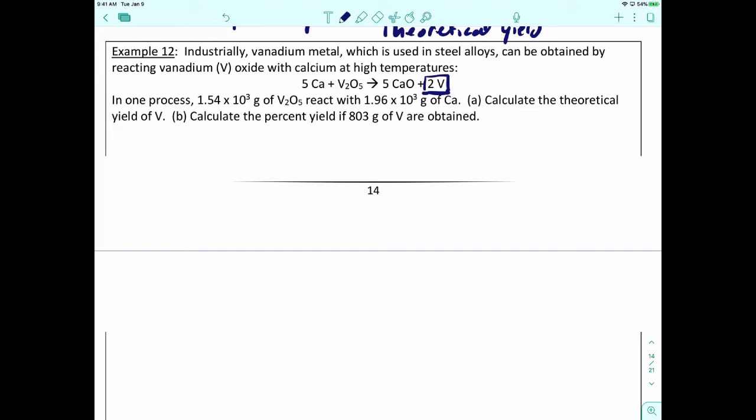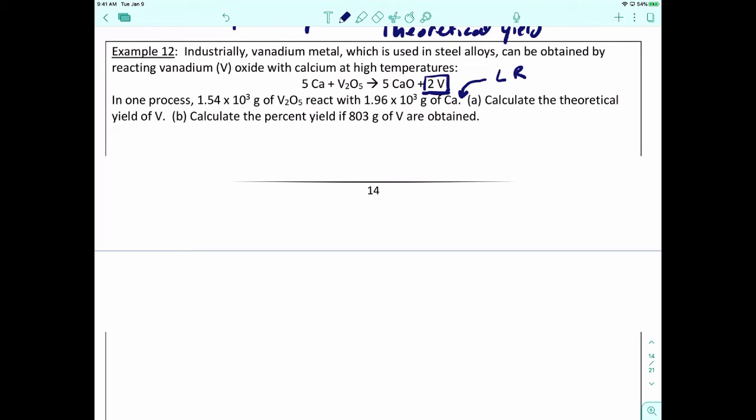Just like the last problem, there's one question that's actually being asked before we even get to part A, and that is to determine the limiting reagent. So we've got 3 questions to ask ourselves in this problem. First off, what's the limiting reagent of this reaction? Then calculate the theoretical yield of vanadium, and then calculate the percent yield if we know the actual yield of vanadium.